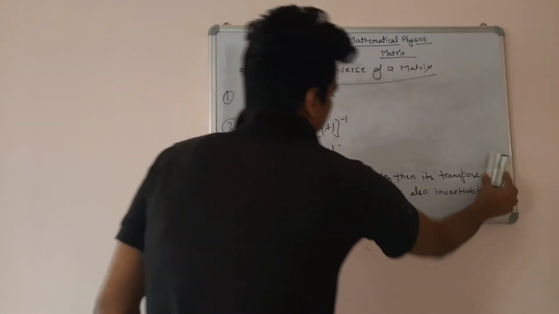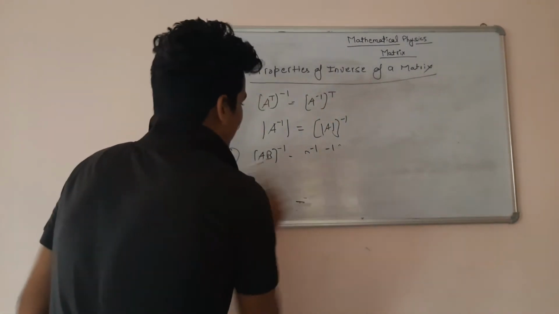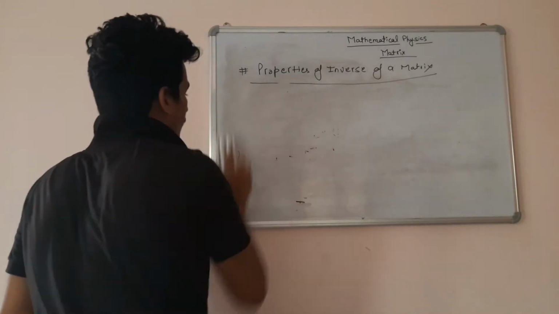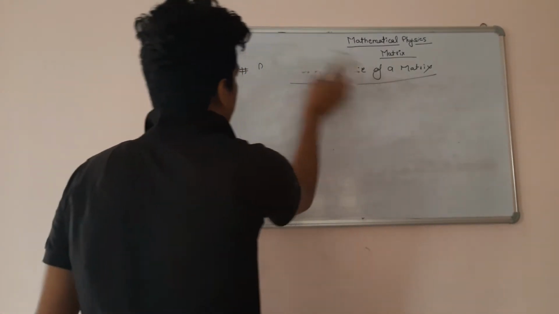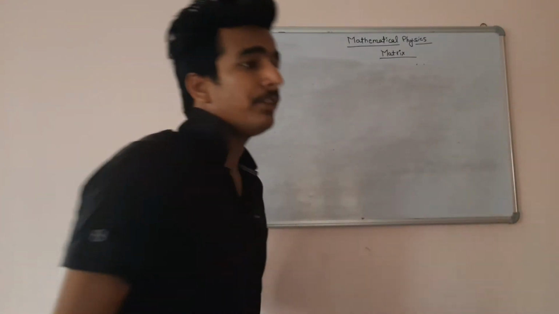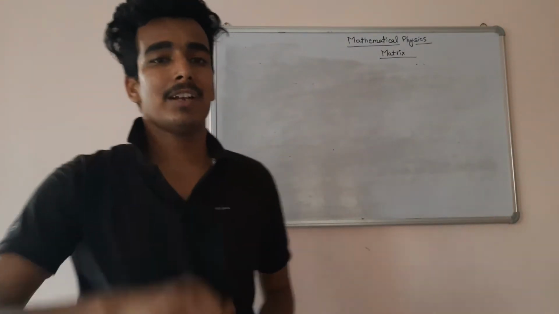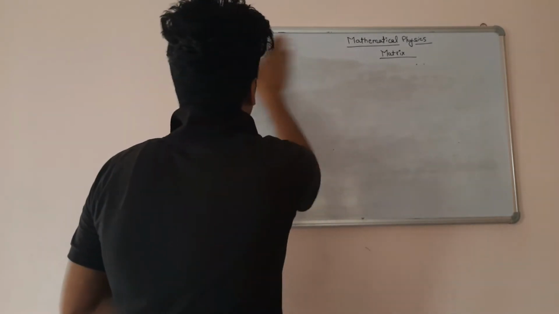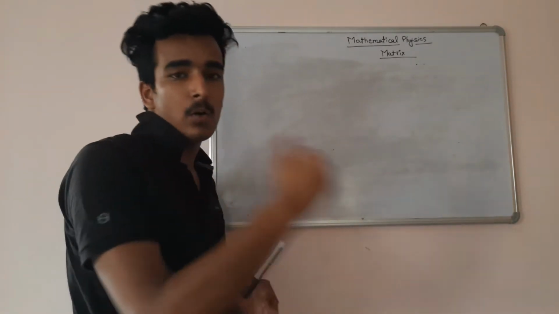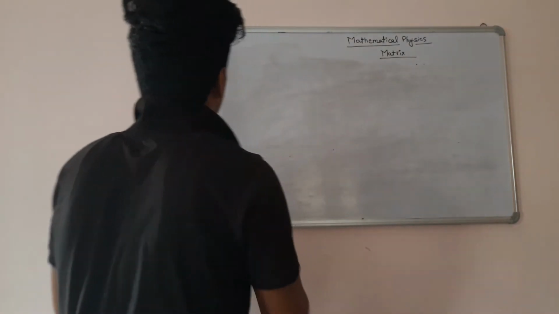Now we move forward. In the last lecture we also studied the transpose of a matrix. Transpose is basically achieved by interchanging rows and columns in a matrix, and vice versa. We interchange rows by columns or columns by rows.